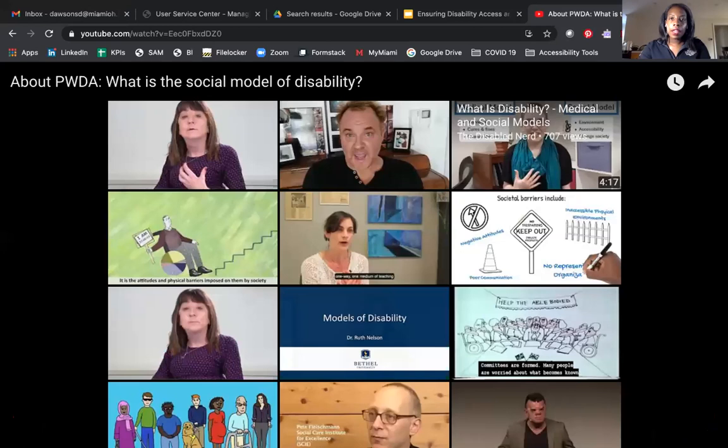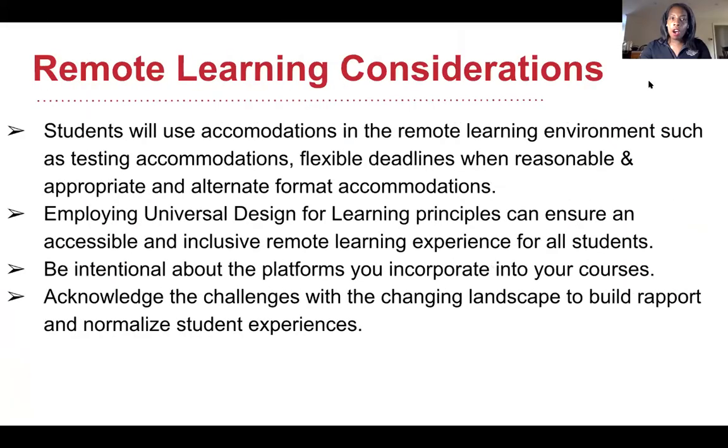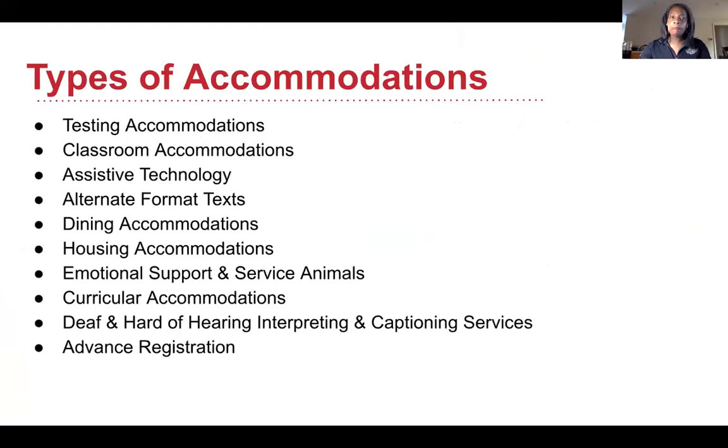Okay, great. And so I just want you guys to know that our services are based in the social model. We are going to talk about accommodations, but one thing that I'm a firm believer in is we really have to acknowledge the fact that accommodations technically are a retrofit, okay?